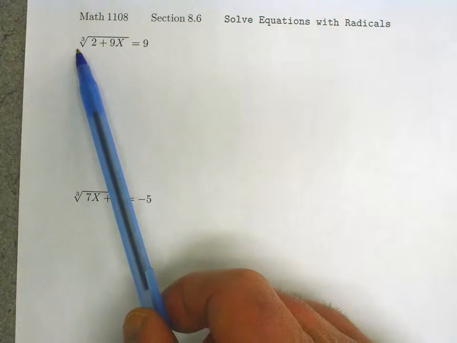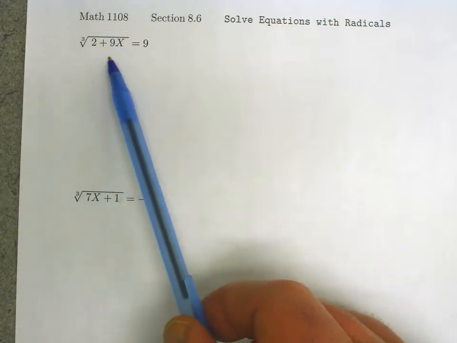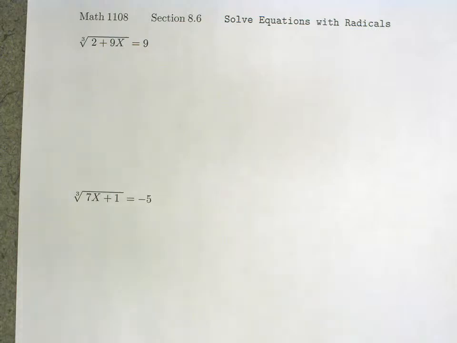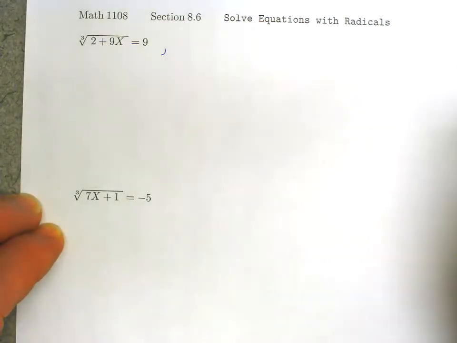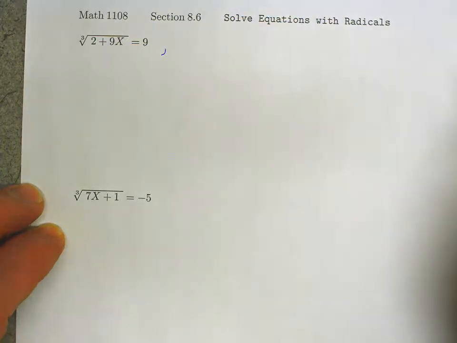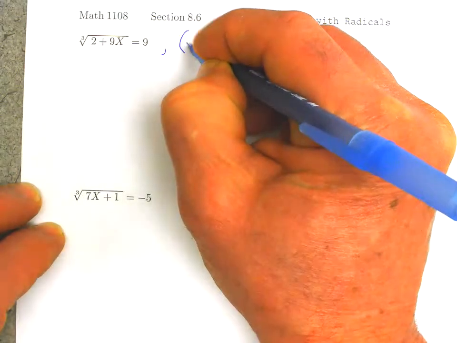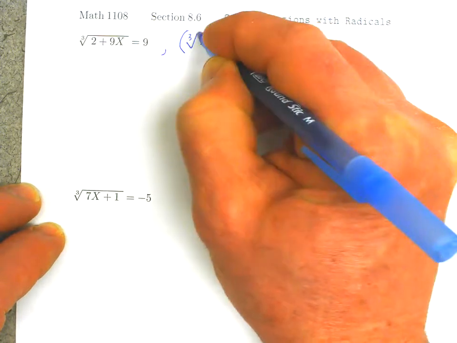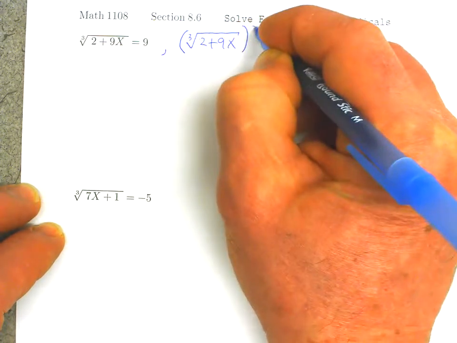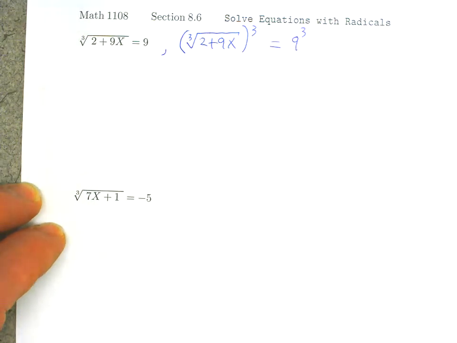Okay, so this one is the positive cubed root of 2 plus 9x equals 9. So this time, since it's a cube root, we want to raise both sides of this equation to the third power. We raise the left-hand side, the cube root of 2 plus 9x, to the third, and raise the right-hand side to the third power, 9 to the third.